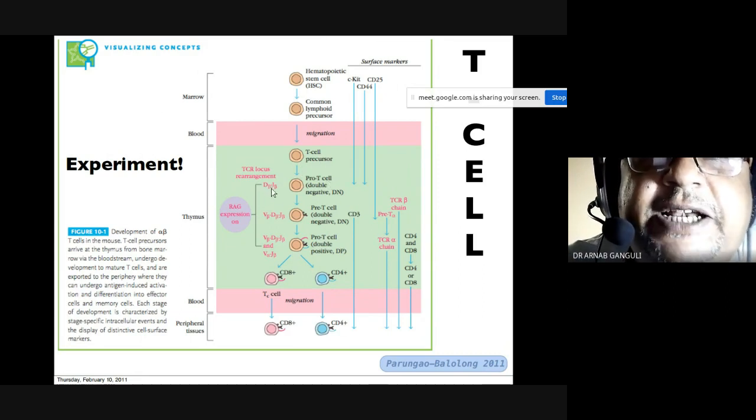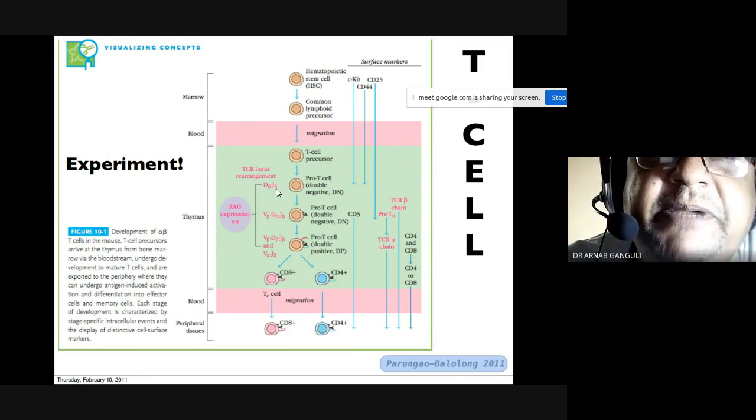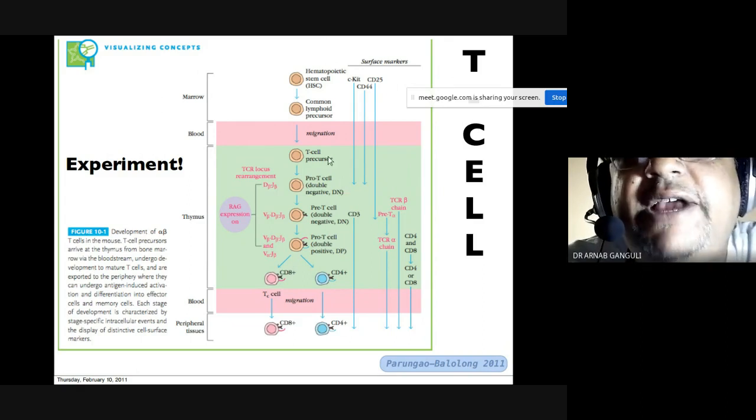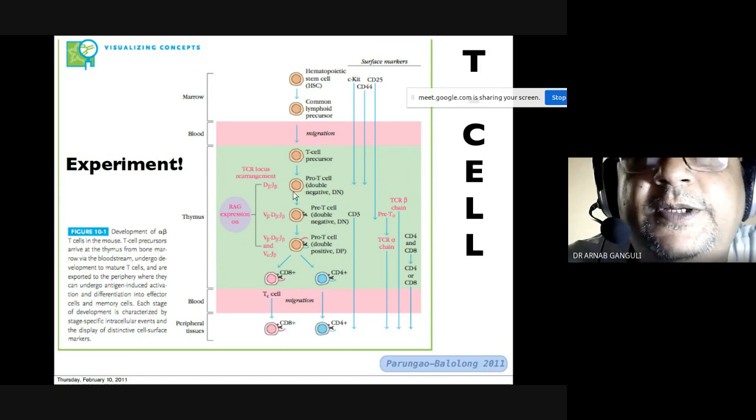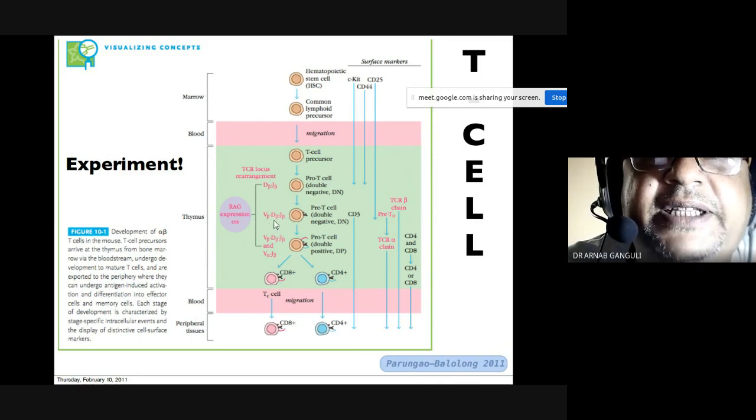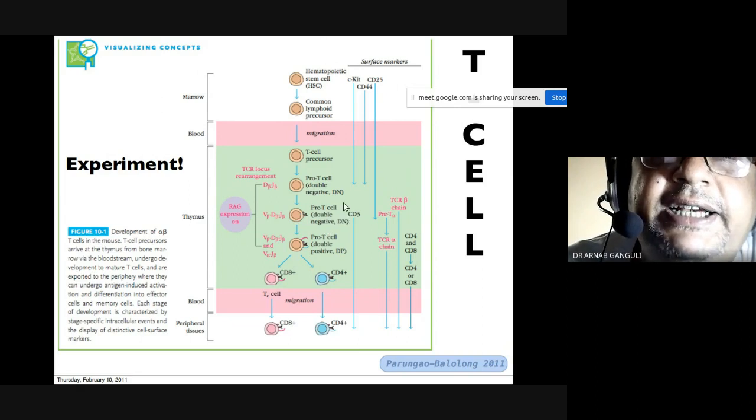There is this D beta, J beta rearrangement in the TCR locus. The T cell precursor forms the pro T cell, which is double negative. Then from the pro T cell, the V beta to DJ beta rearrangement takes place. The pre T cell starts to form.